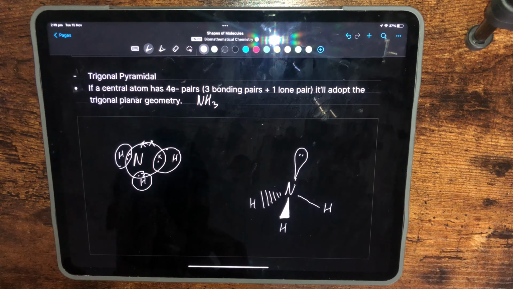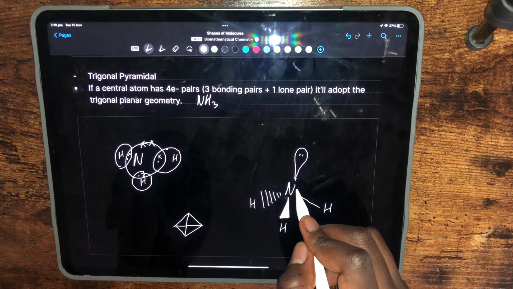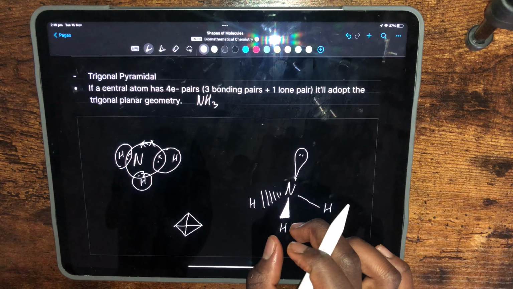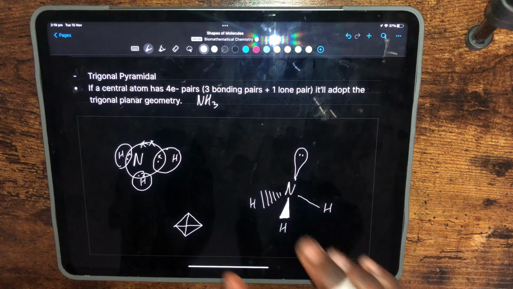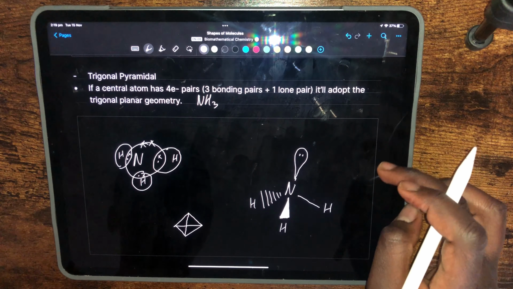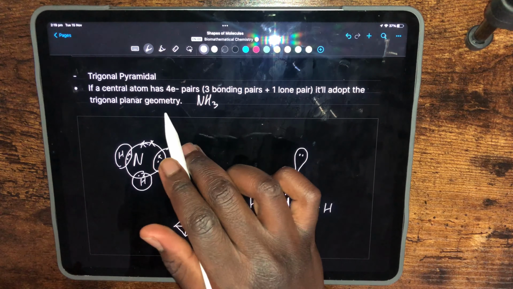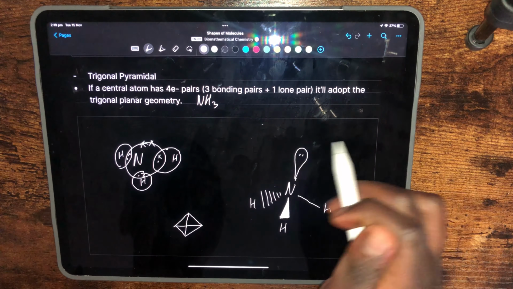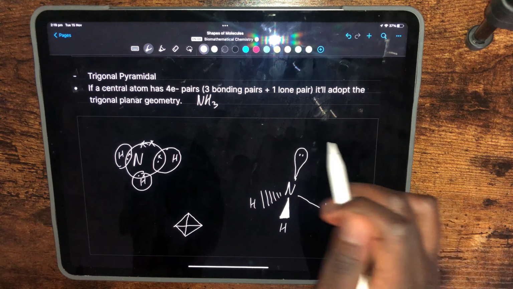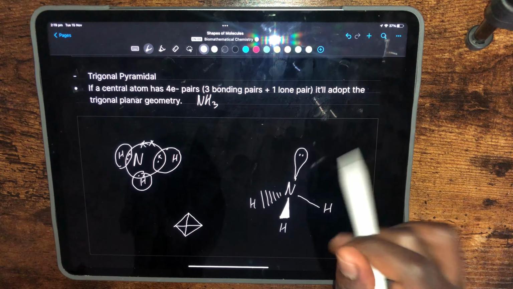And this lone pair is so strong that it's able to repel all 3 of the bonding pairs here. That's what's happening, and that's why it has a similar shape. The total number of electron pairs kind of all have a similar shape, and this looks kind of similar to that tetrahedral shape that we had before, right?